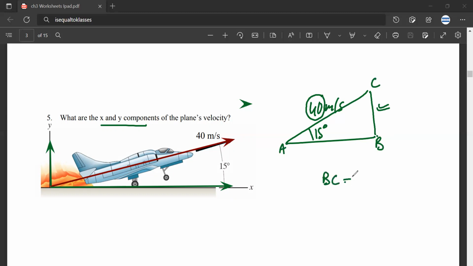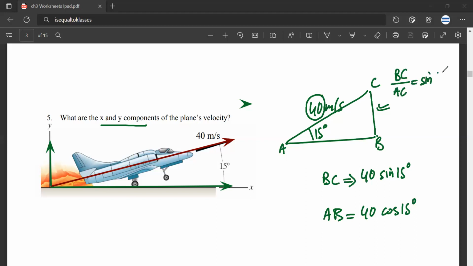So BC would be equal to 40 sine 15 and AB would be equal to 40 cos 15. Chris, is it fine? Yes. Because BC upon AC I know is sine 15 and AB upon AC is cos 15.